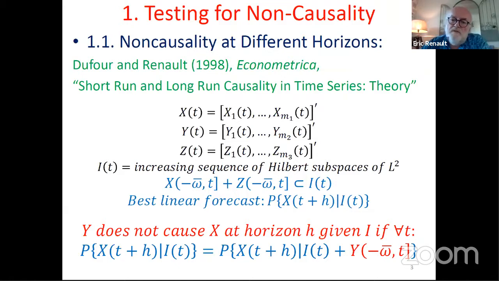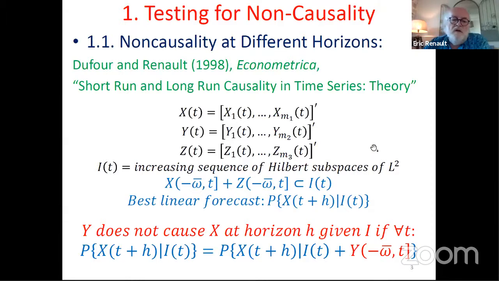The definition of Granger non-causality is to say that Y does not cause X if, when you know the past of X and the past environment of Z, then Y does not help to forecast X. This notation minus omega bar is just to say that you can go until minus infinity if you play with stationary processes. If we play with processes with unit roots, you may want to start from some initial date. It's a kind of general notation.